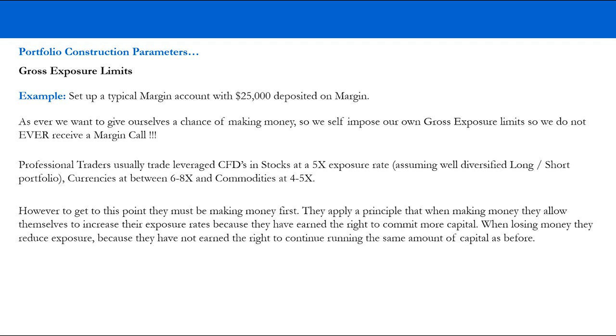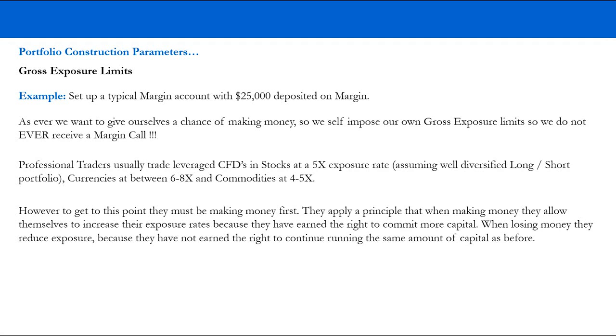And they will have in currencies between 6 to 8 times and commodities at 4 to 5 times. Again, assuming a well-diversified long-short portfolio, and most of the time the portfolio will be multi-asset class. So the portfolios will have stocks, commodities, Forex, and even interest rates, bond exposure.